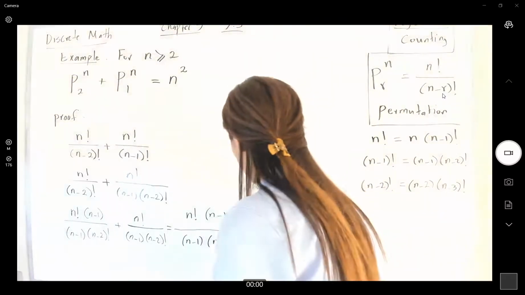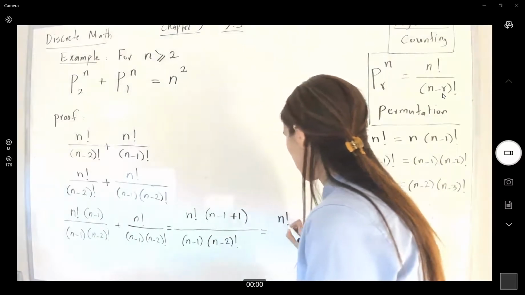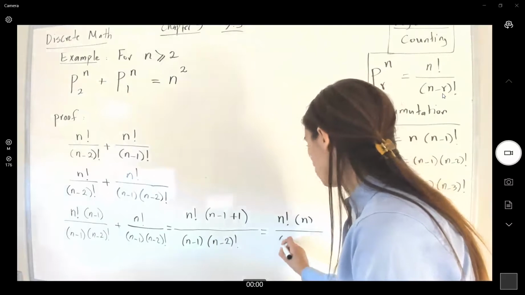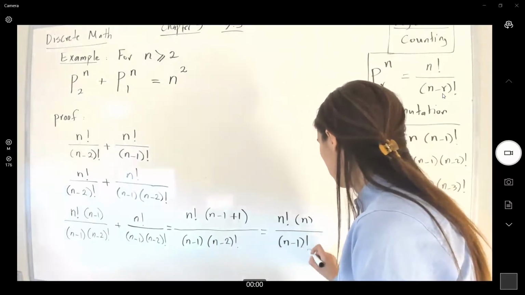Very well. So if we simplify this, we get n factorial times n divided by n minus 1 factorial.